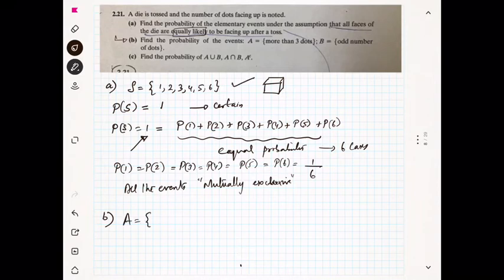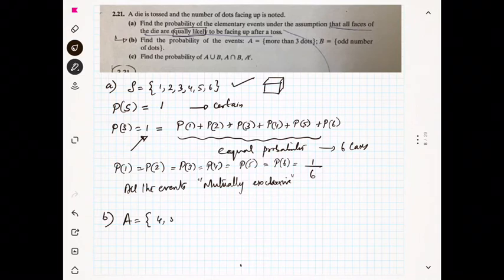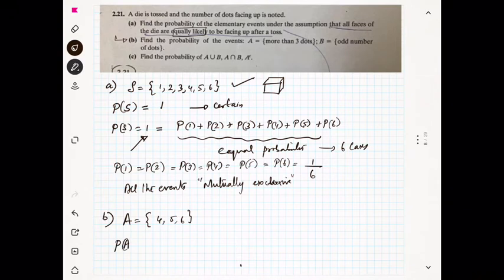More than 3 dots means what? It can be 4, 5 or 6. And what is the probability of A? How many elements are there? You have 3 elements. Okay. Then how many elements are there in the sample space? The sample space is having 6 elements, so the probability is 1 over 2. Okay.